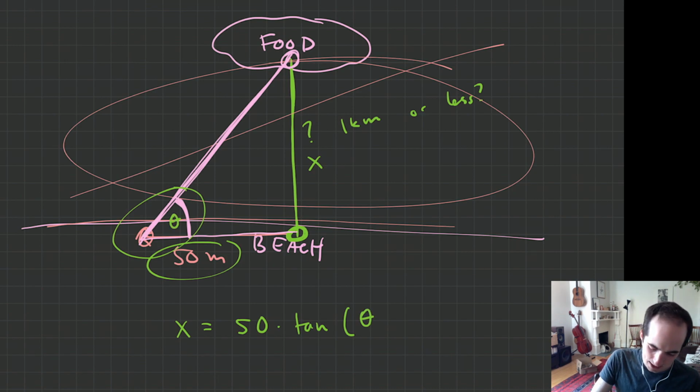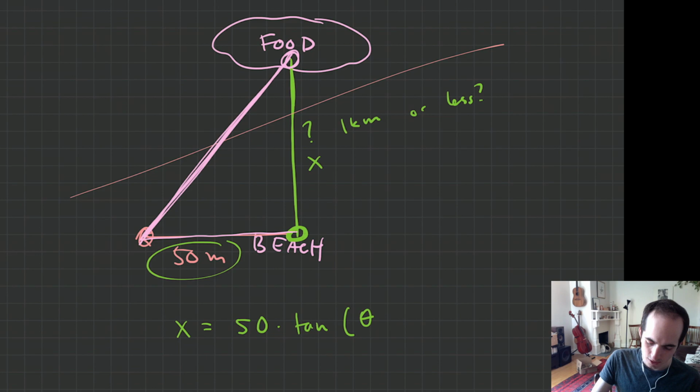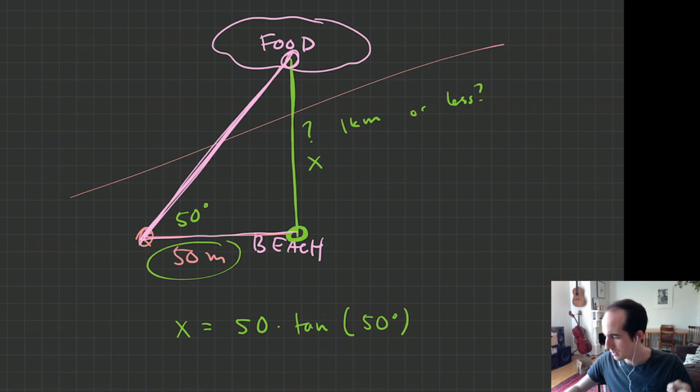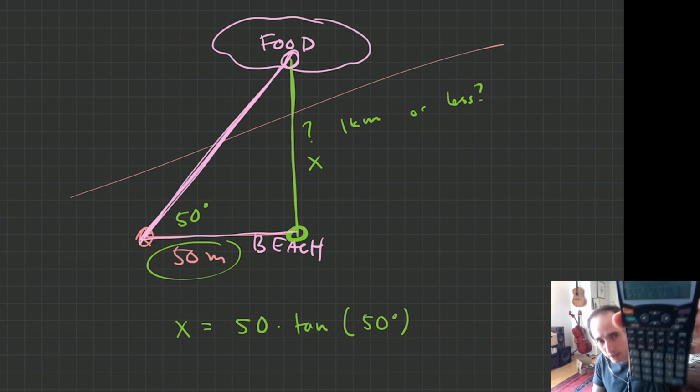Maybe the angle that we measured was 50 degrees. So we've got 50 times tan of 50 degrees. Well, let's see if we can swim there. 50 times tan of 50 equals 59 meters.